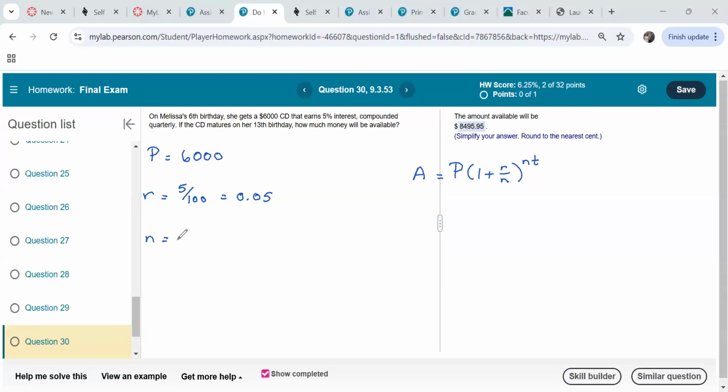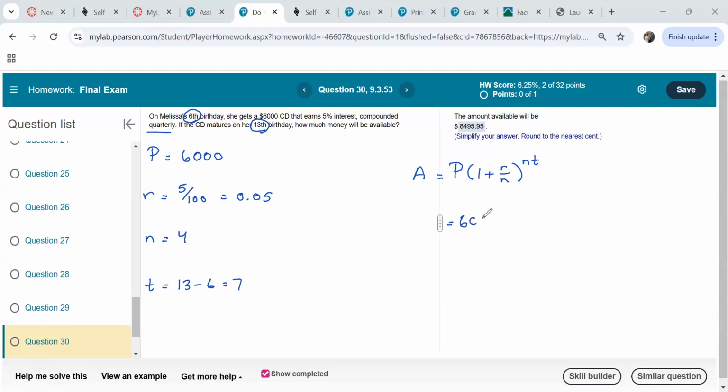n is the number of times we compound in a year. So we compound quarterly. So that's 4. And then t. So how old is she? She's 6 when she gets the CD. It matures, which means that she can cash it out at 13. So the time this is going to take is 7 years.